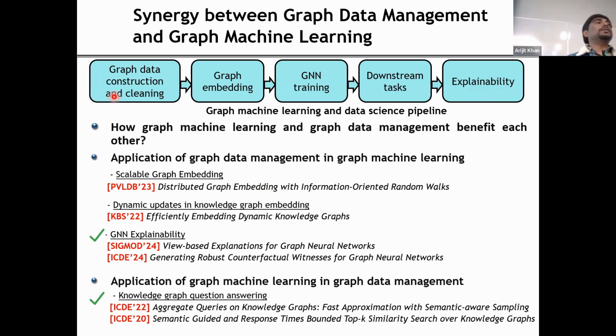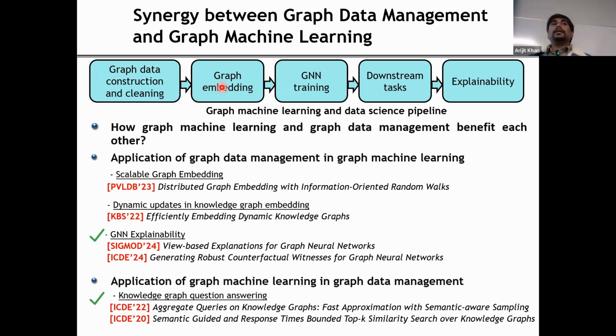And what we are looking into is how graph data management and graph machine learning can actually integrate and benefit each other at each stage of this pipeline. So here I have shown some examples of our recent works. For example, if we look at the graph embedding stage, right? Before I have shown you also examples of very large scale graphs with probably millions or billions of edges.